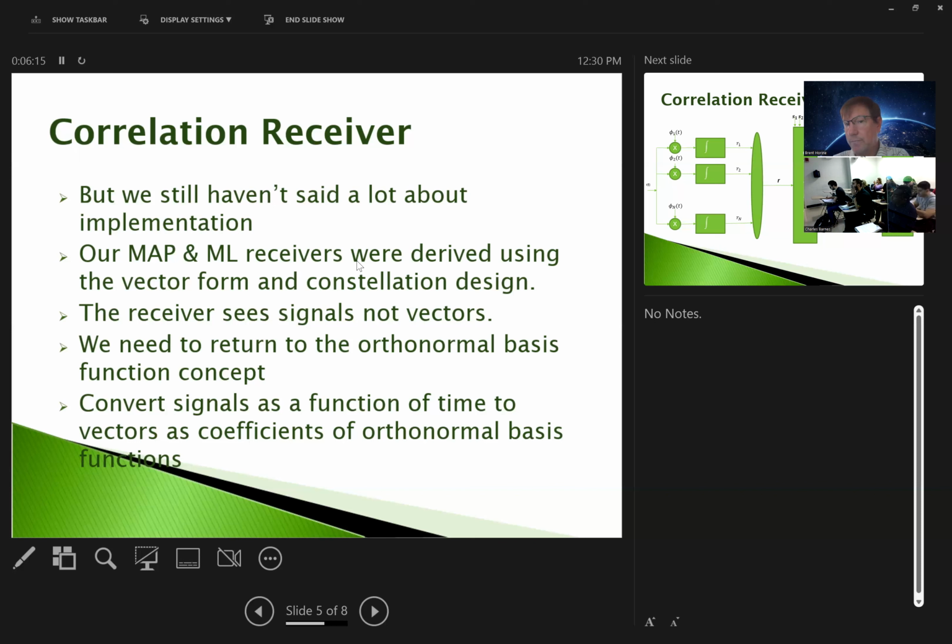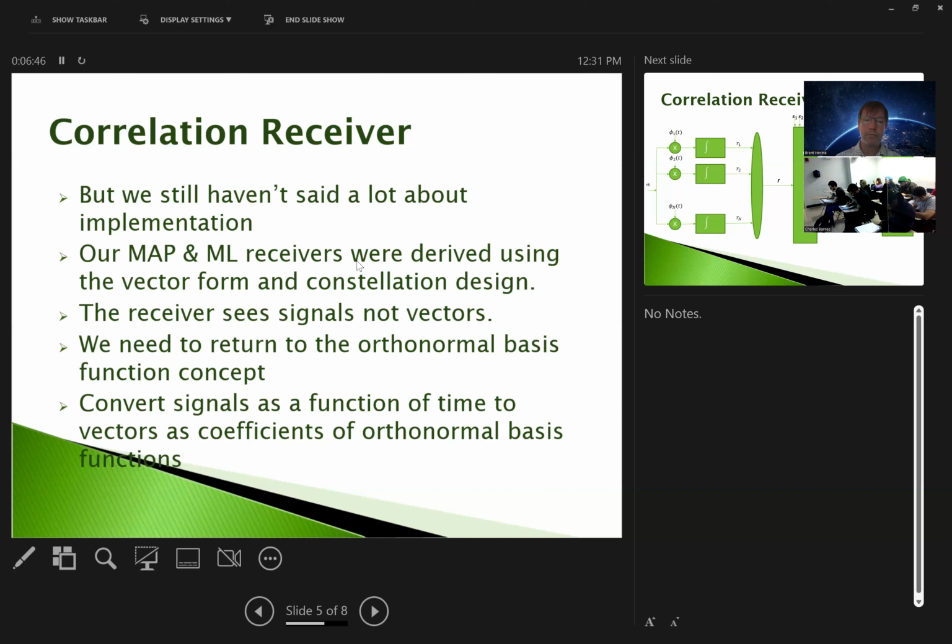And then we can use them to visualize these things, and we're not having to draw these symbols over time. We can just identify it with a dot on a constellation, right? But the receiver is not seeing that. The receiver is seeing some voltage that varies over time, hopefully in a predictable and repeatable manner, but it's also corrupted by all sorts of noise, right? So we're not dealing with an instance in time.